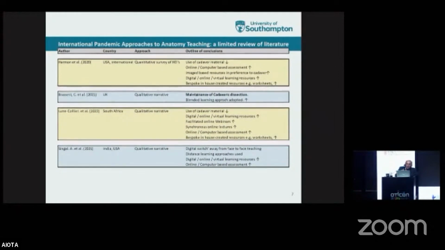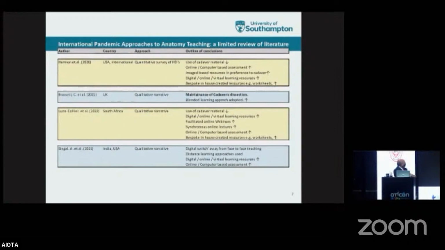I don't want to go through everything. Just glance through that, and you can all see there are some commonalities between various studies. Now, in India, Singh and others found a digital switch away from face-to-face teaching.